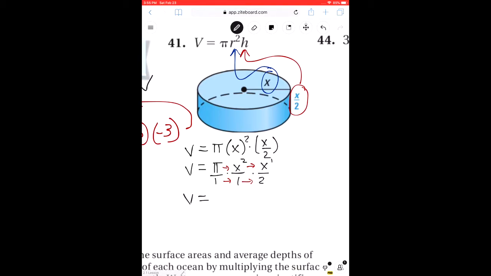So we know that when we're multiplying two powers with the same base, we just add the exponents. So our numerator is going to look like pi times x cubed. And then our denominator is going to be 1 times 2, which is just 2. And this should be the final answer. Okay, so hopefully that's what you got when you paused the video.